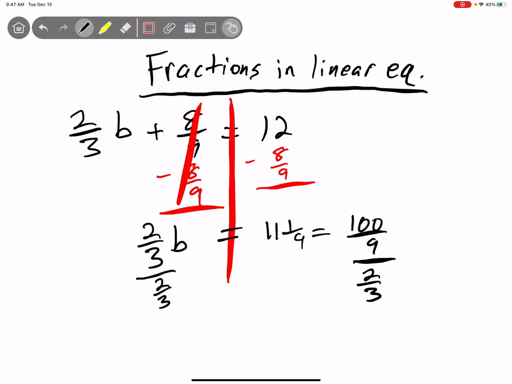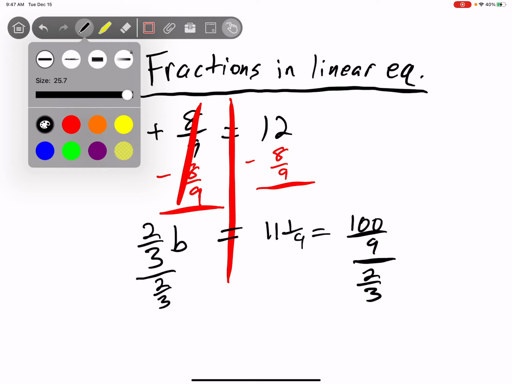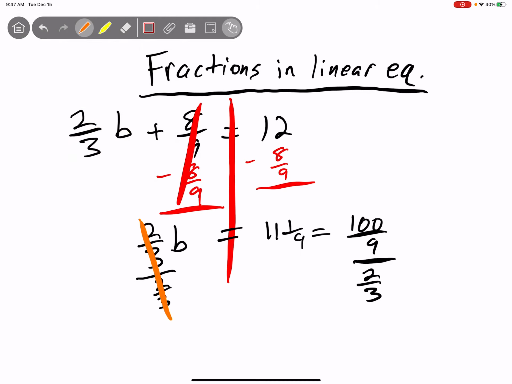Remember, when you divide by 2/3, although on the left side they'll cancel out easily, on the right side what I'm going to need to do is take 100/9 and multiply it by the reciprocal of 2/3, which is 3/2. 100 times 3 is 300. 9 times 2 is 18.